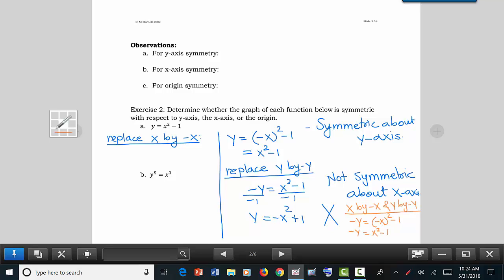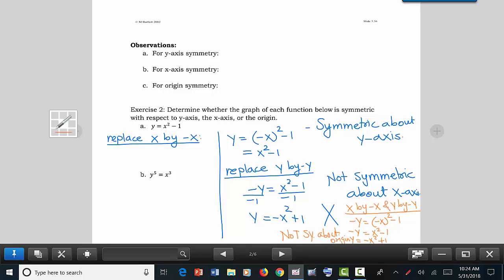If you divide both sides by negative sign, we got y equals negative x squared plus 1. So it is not symmetric about the origin either. Not symmetric about origin. That's the process we follow.